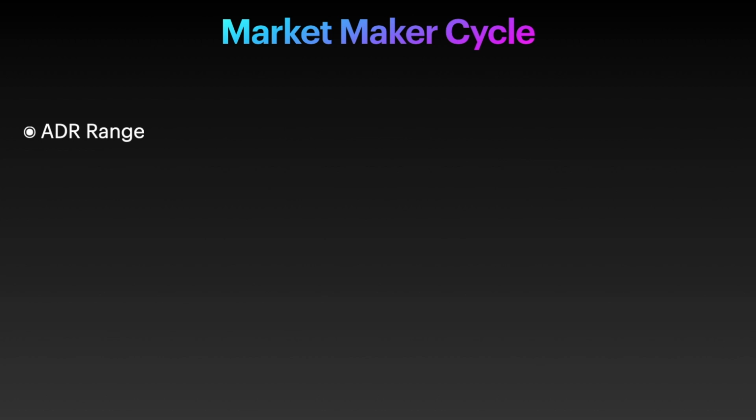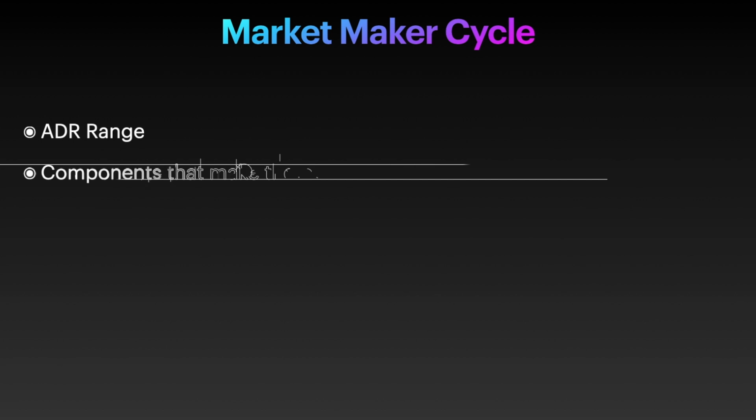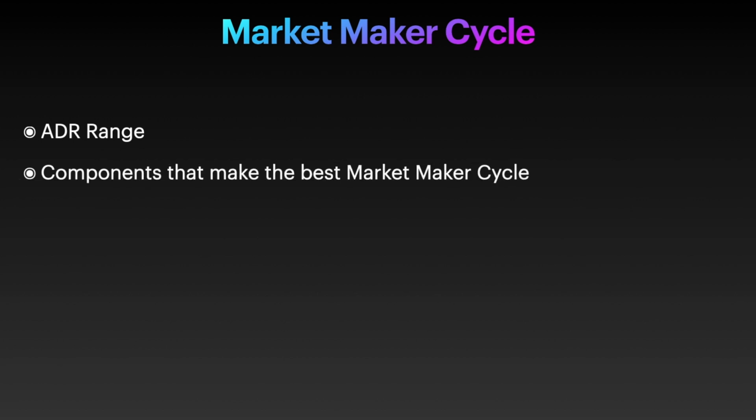We're going to go into a little more detail on that, and look at different market maker cycles so we can help determine whether we can take a cycle from a 2.5 or a 4.5. What's the difference? And the components that make the best market maker cycle. We're going to talk about that.